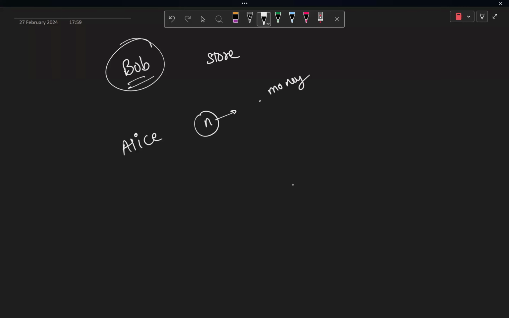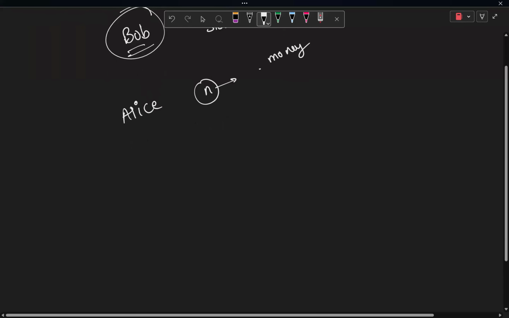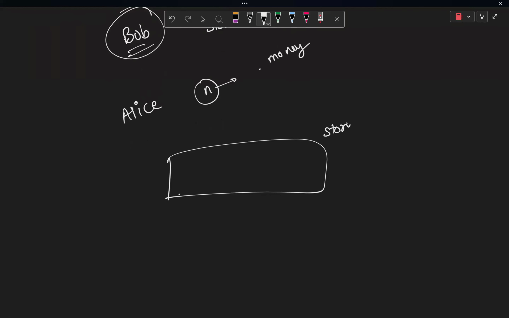Let's say that this is the store of Bob. It has a big board, Bob store, whatever. And Alice enters from here. There will be some stalls which Alice will go through.